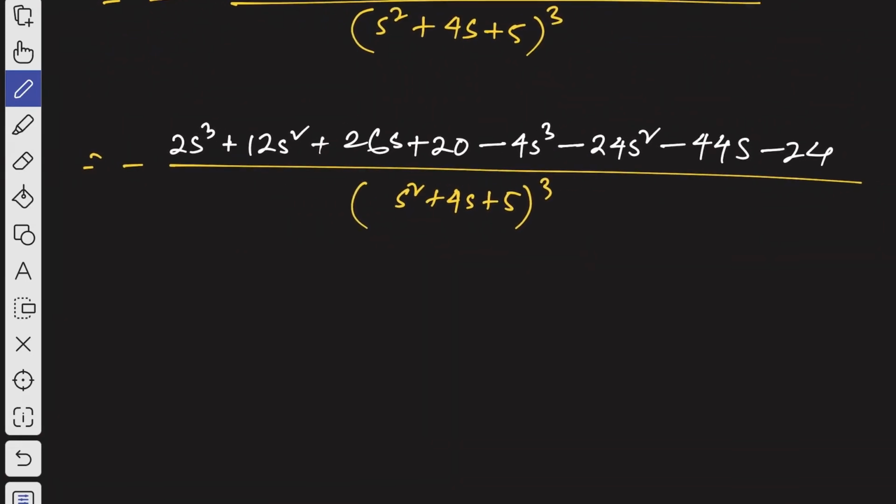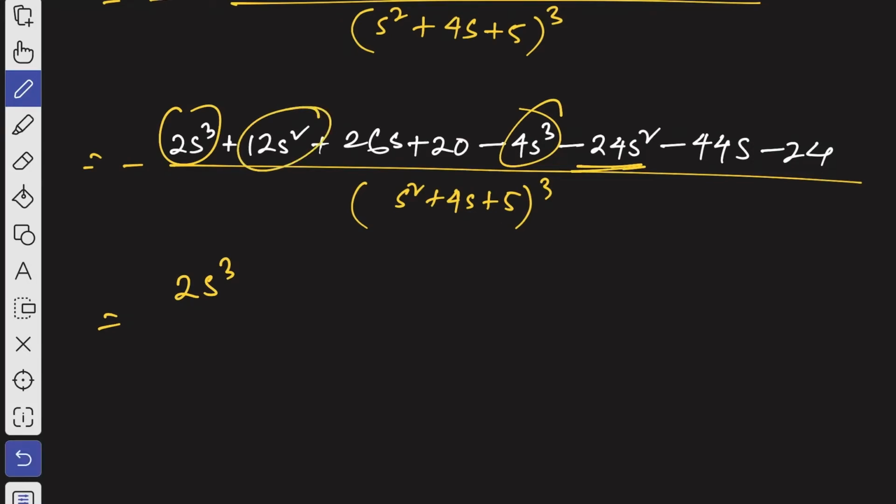Okay, let me scroll down the page. Then here you see minus 2s cube minus 4s cube, that's gonna give you minus 2s cube. So multiplication of this minus sign, then you will get plus 2s cube, right? Then again minus 24s square plus 12s square, that's going to be minus 12s square. Multiplication of this minus gives you plus 12s square, right?